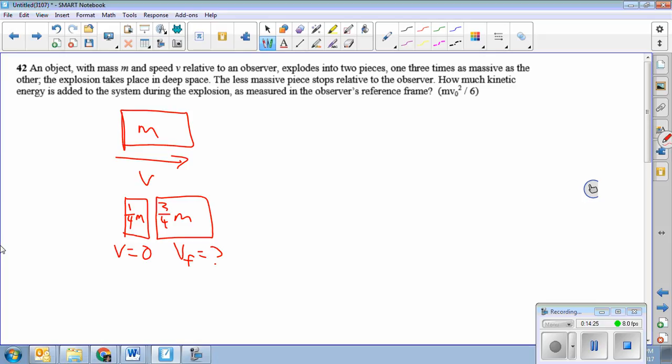All right, so here's what I know, though. I know that the momentum before the explosion has to equal the momentum after the explosion, right? So that means that m times v has got to equal 1/4 of m times 0, plus 3/4 of m times vf. Follow?